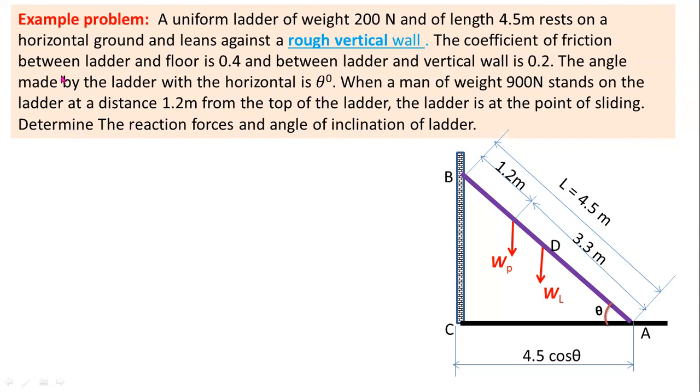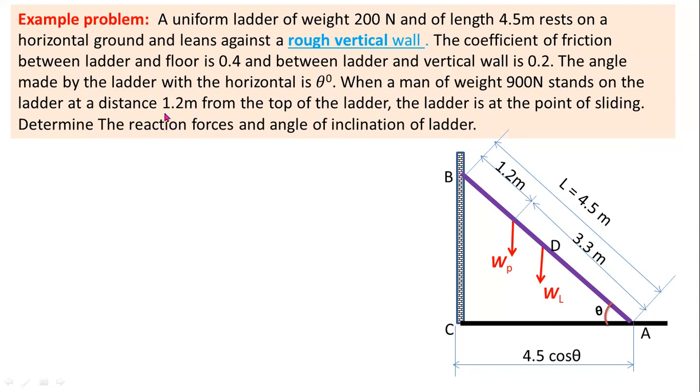The coefficient of friction between the ladder and the floor is 0.4 and between the ladder and vertical wall is 0.2. The angle made by the ladder with the horizontal is theta degrees. A man of weight 900 newtons stands on the ladder at a distance 1.2 meters from the top, and the ladder is at the point of sliding. Determine the reaction forces and the angle of inclination of the ladder.